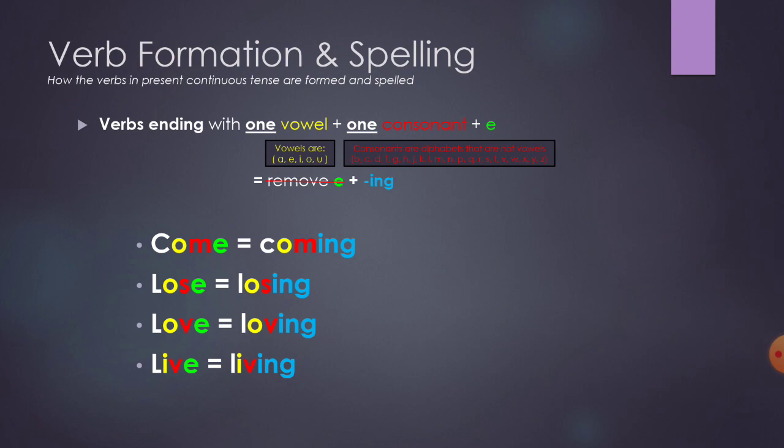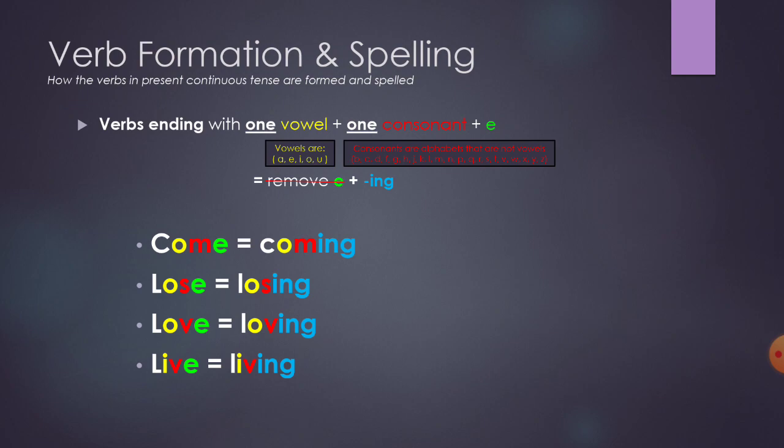For this, also you can refer to the colors. Yellow are vowels, consonants are red, E is green, and then after replacing the E, we have ing in blue color. Okay, the second one also the same, lose.